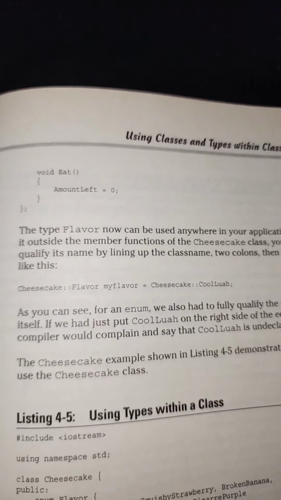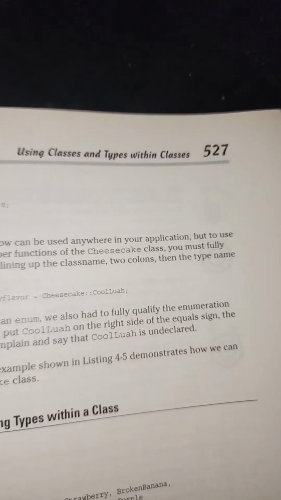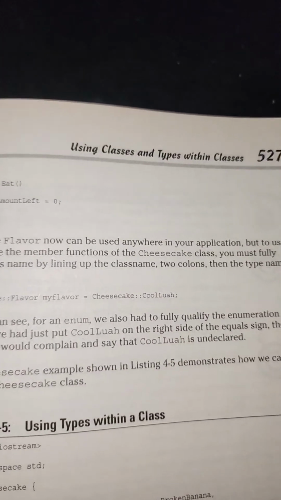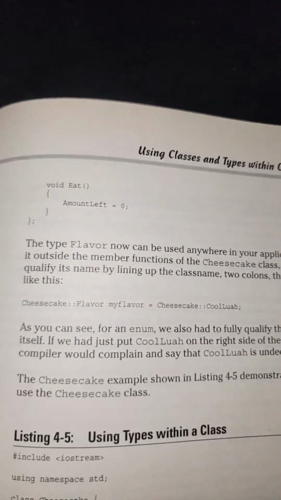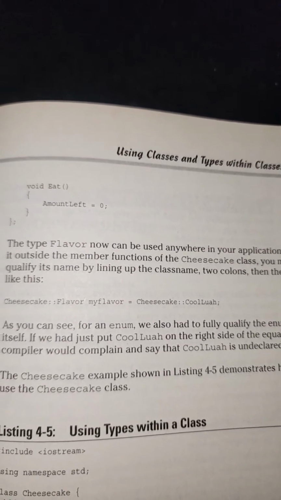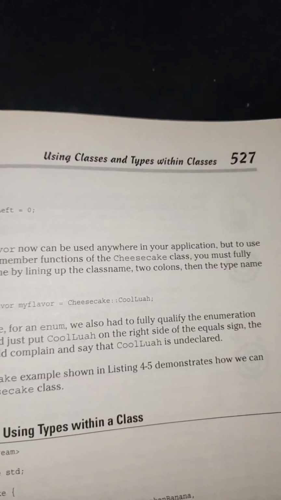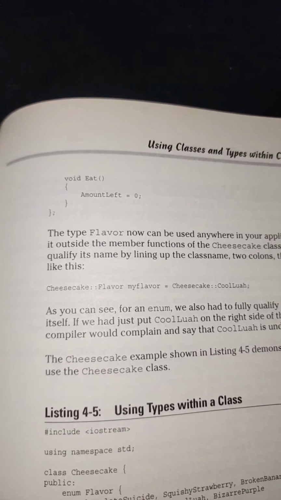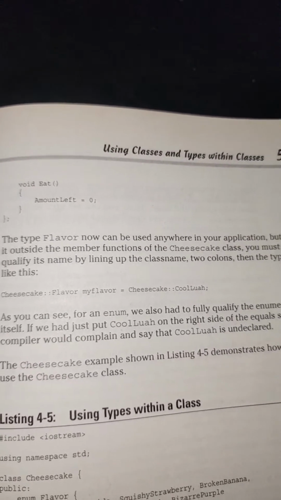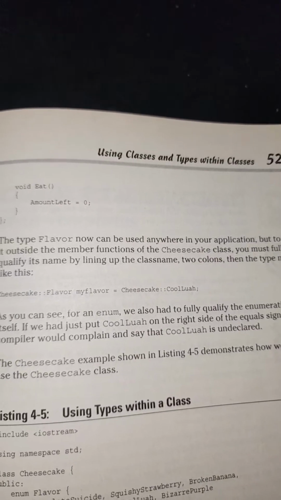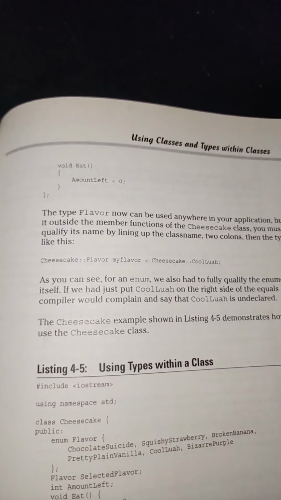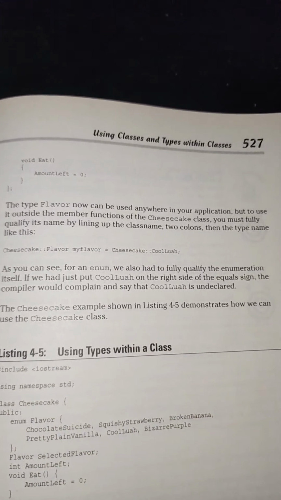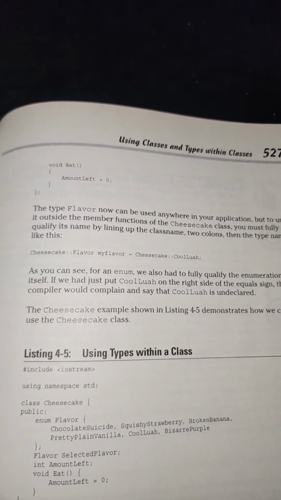The type Flavor now can be used anywhere in your application, but to use it outside the member functions of the Cheesecake class, you must fully qualify its name by lining up the class name, two colons, then the type name, like this: Cheesecake::Flavor myFlavor equals Cheesecake::CoolLua.